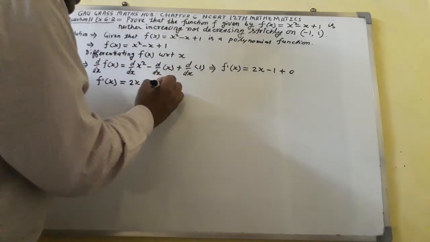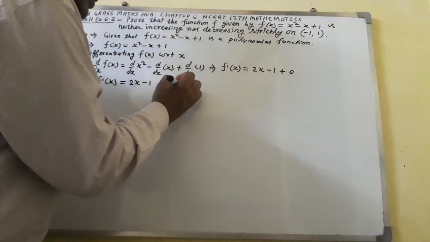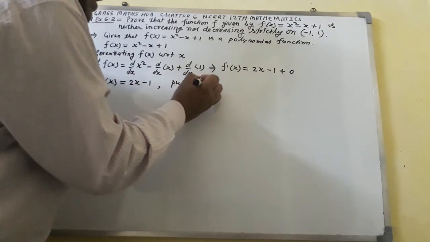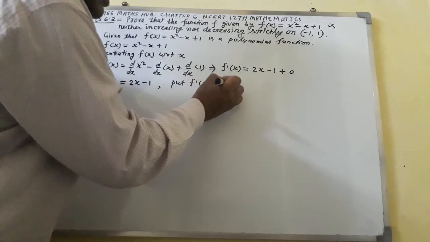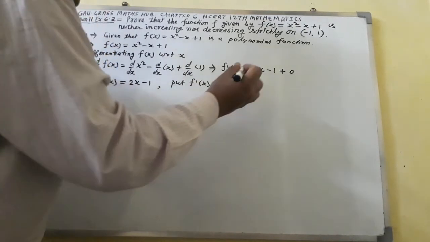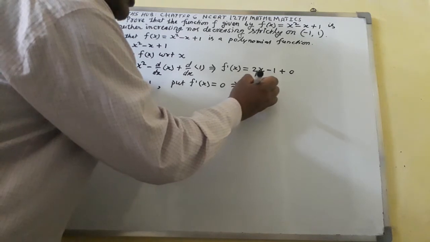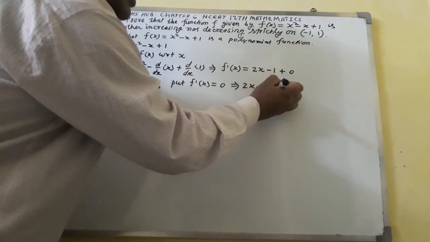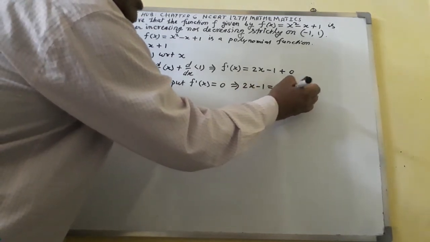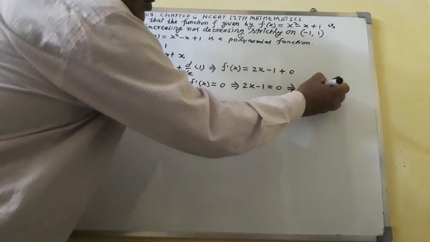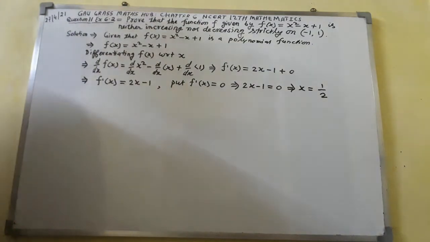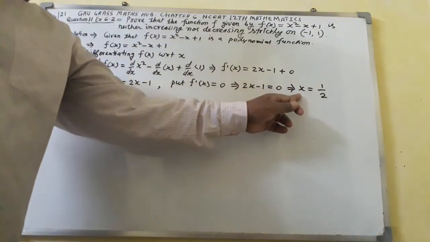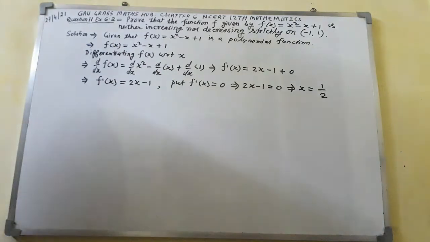Again I shall write, put f'(x) = 0, implies 2x − 1 = 0, implies x = 1/2.